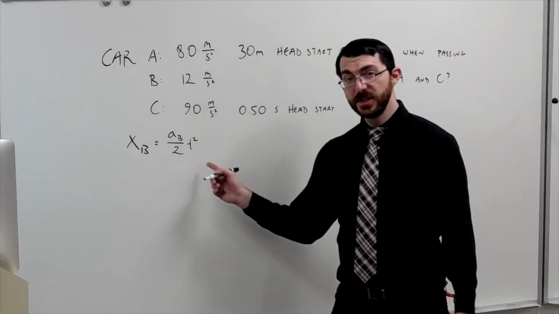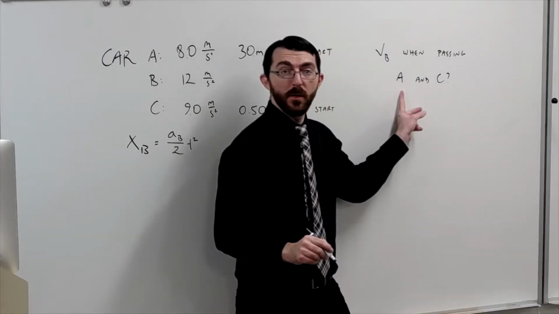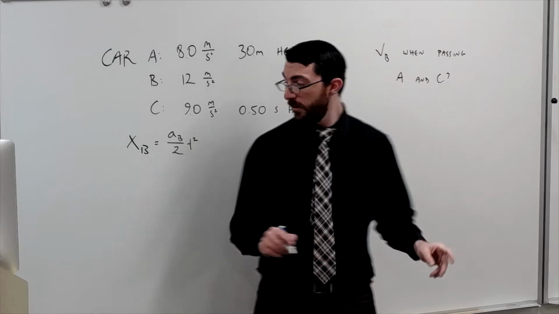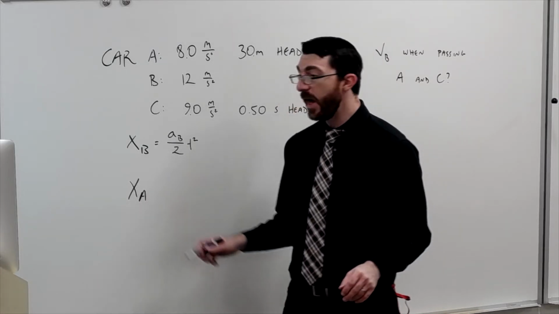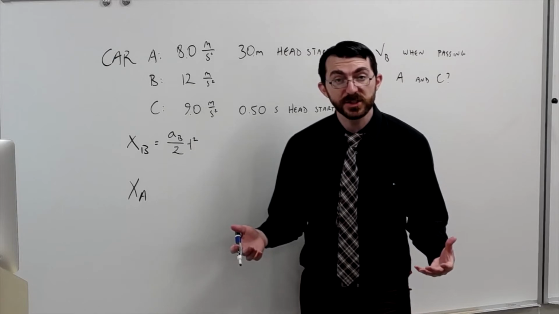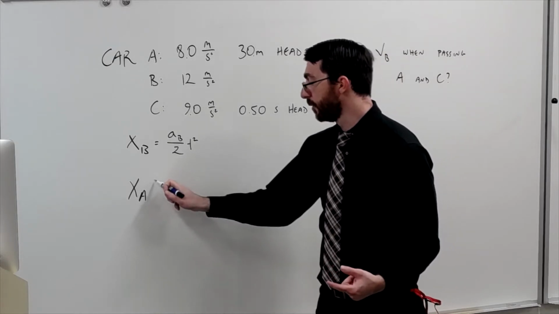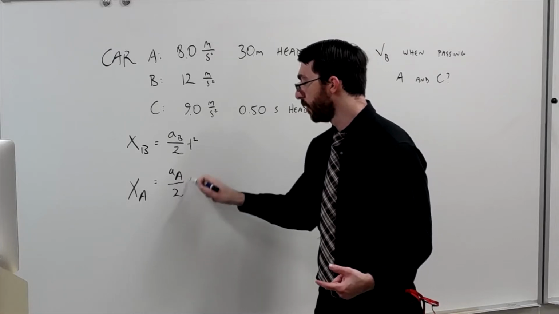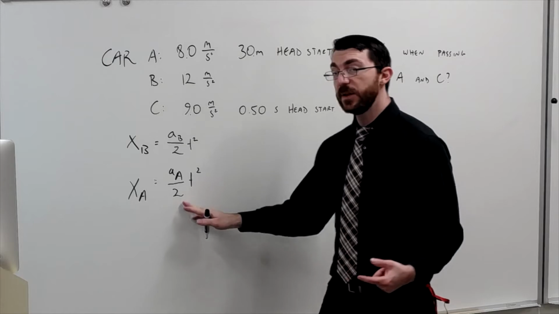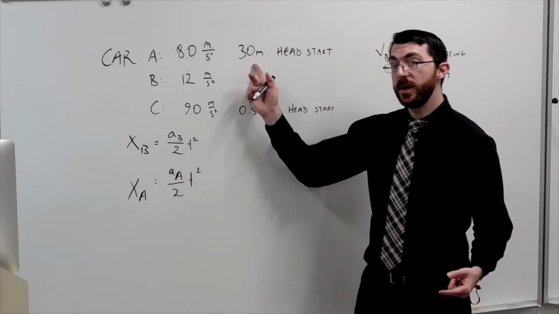That's going to be the position of car B. If I'm trying to find out when it passed car A, I'm going to need to know when the position of car A was the same as the position of car B at the same time. The only difference between these two equations, besides the acceleration, is this head start.